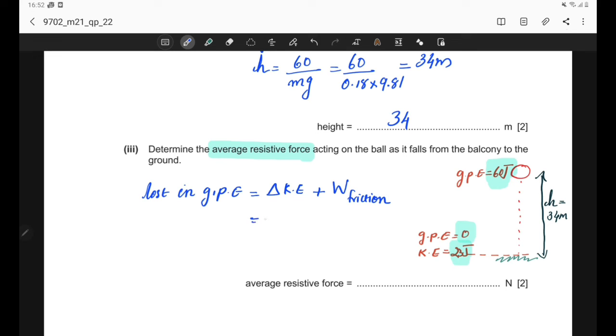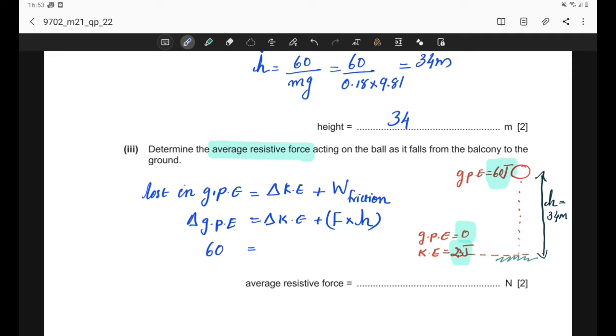So the same equation we can write down, changing kinetic energy. Instead of work done, we can write the equation of work done, which we have discussed in the first section of this question. That is, work done is equal to force times the distance moved by the object. Here it is the height. So that is the change in gravitational potential energy. Here the potential energy lost by the ball is 60 joule, as initially it had 60 joule of gravitational potential energy.